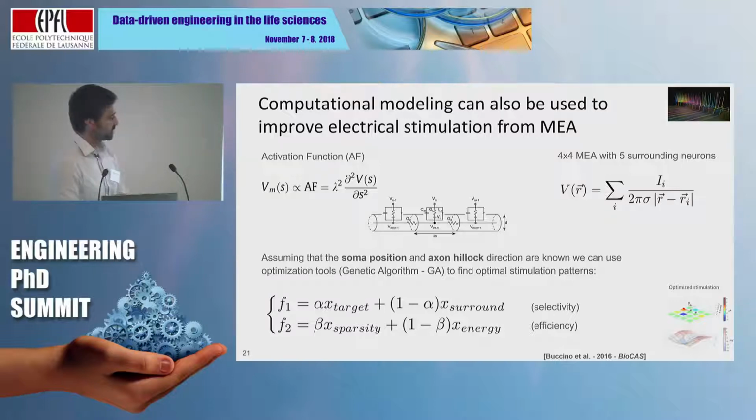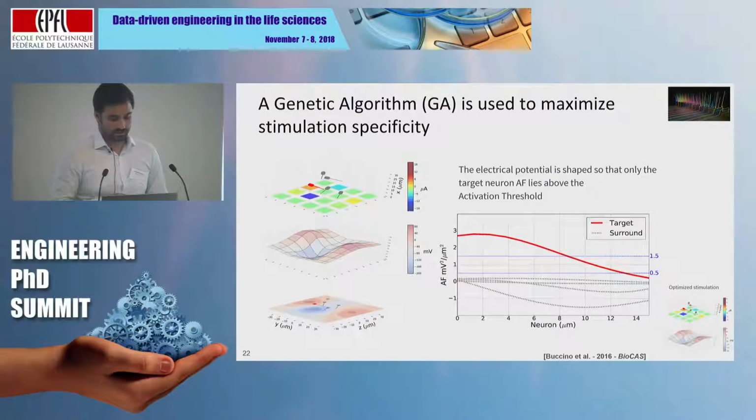So the first function aims at improving the selectivity of the solution. So it's basically high if the target neuron is activated and the surrounding neurons are at rest. And the second fitness function basically gives us an energy efficient and sparse solution. And this is an example of one of these scenarios. You can see the target neuron in red, and the gray neurons are the surrounding neurons.